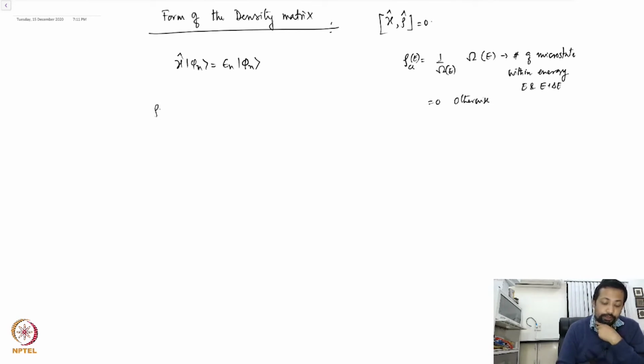So for a quantum mechanical system, we can write this as 1 over omega, the density matrix rho hat, as delta of H hat minus E. And since trace of rho hat is equal to 1, this would imply that omega of E is given by the sum over n of delta of E minus En.